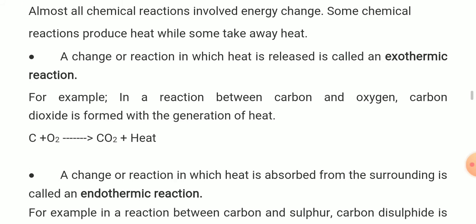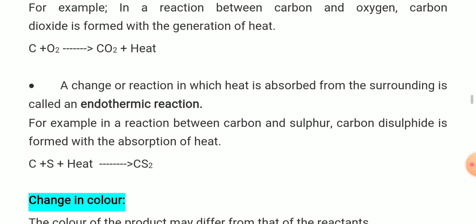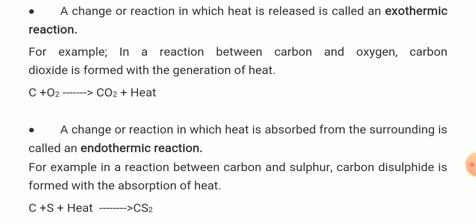Now second, we know that in some chemical reactions there is absorption of heat from the surroundings, and those reactions that absorb heat from the surroundings are called endothermic reactions. What is an endothermic reaction? A change or reaction in which heat is absorbed from the surroundings is called an endothermic reaction.